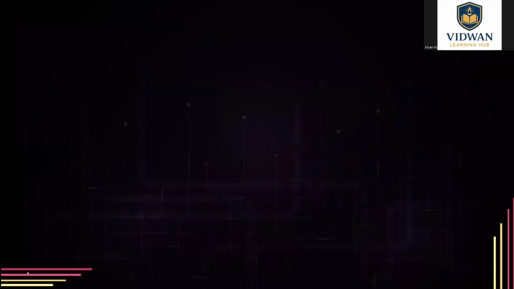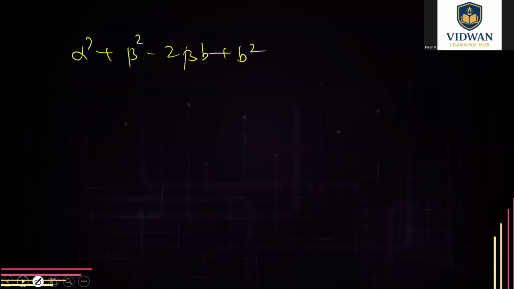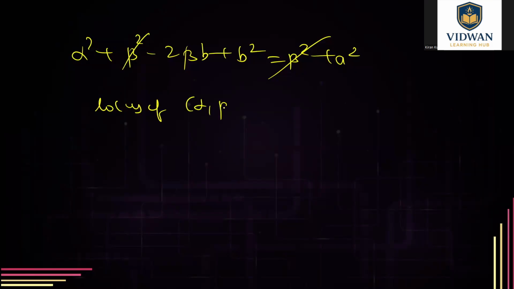You can write alpha square plus beta square minus 2 beta b plus b square equal to beta square plus a square. Both sides you can cancel beta square. And since you want the locus of the center alpha, beta, you have to replace alpha, beta with x, y. So that would give you x square minus 2by plus b square is equal to a square.